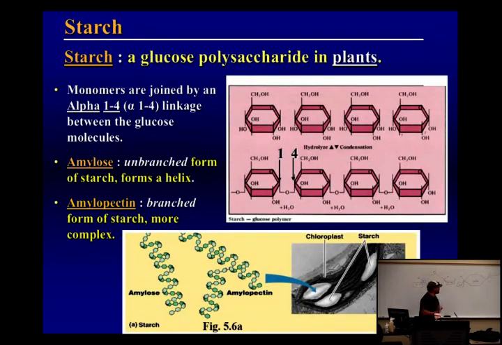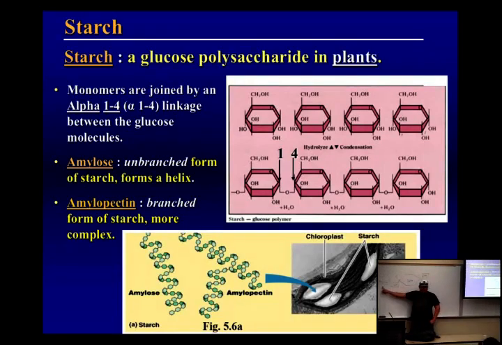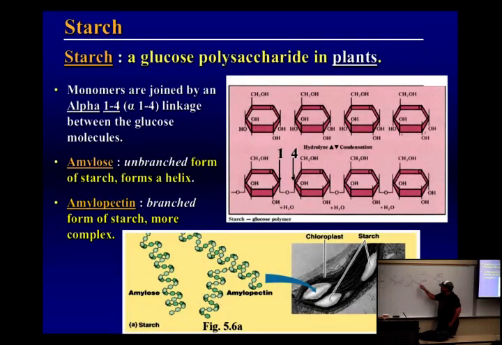They can't rotate. I can't rotate this to make it look like that, because if I wanted to make this look like that, I would have to spin this bond. That makes sense? And I can't spin it because there's two sticks in the ring coming at different angles.